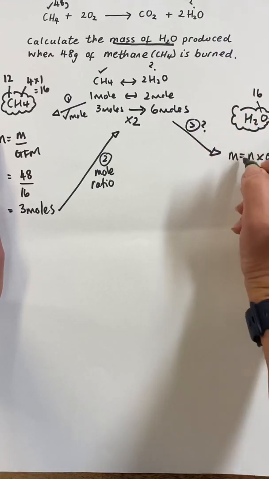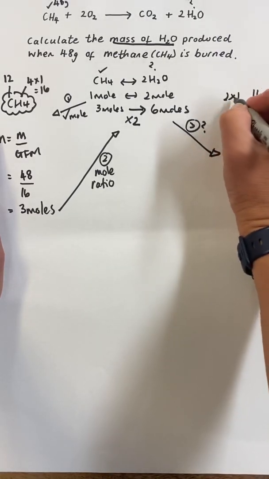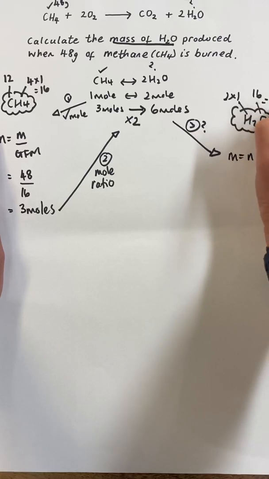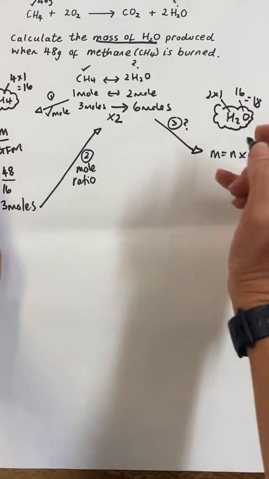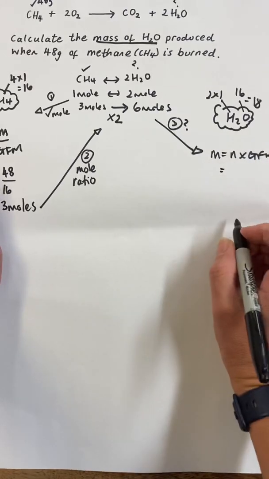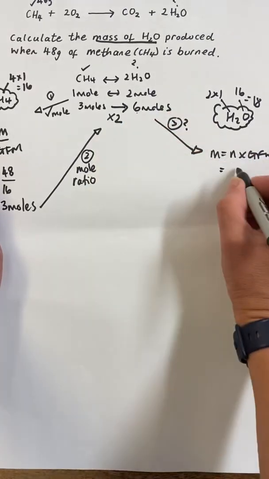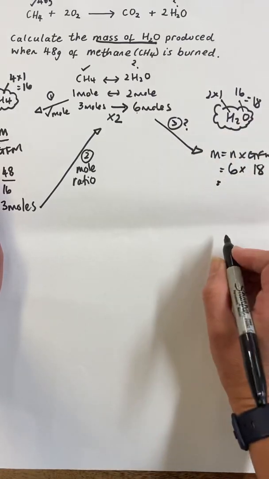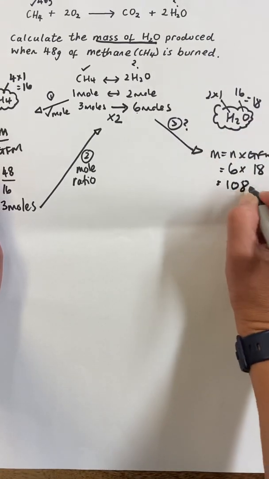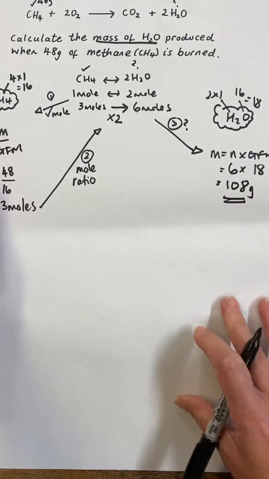So I've got 1 oxygen at 16, 2 hydrogens at 1. So my GFM of water is 18 grams. I then put that into my equation. So I've calculated here that I've got 6 moles of water. My GFM is 18. 6 times 18 gives me 108 grams.